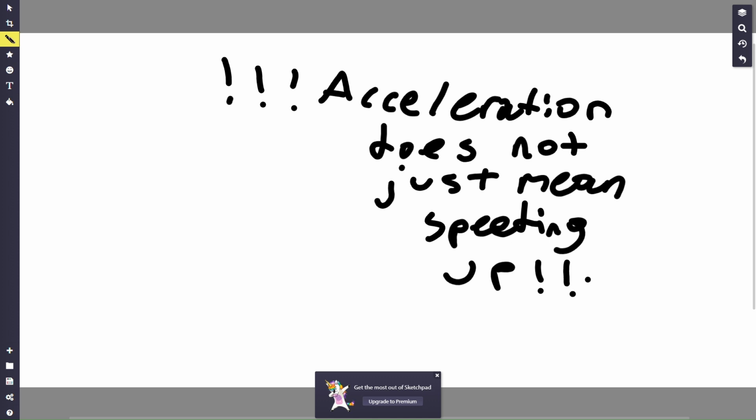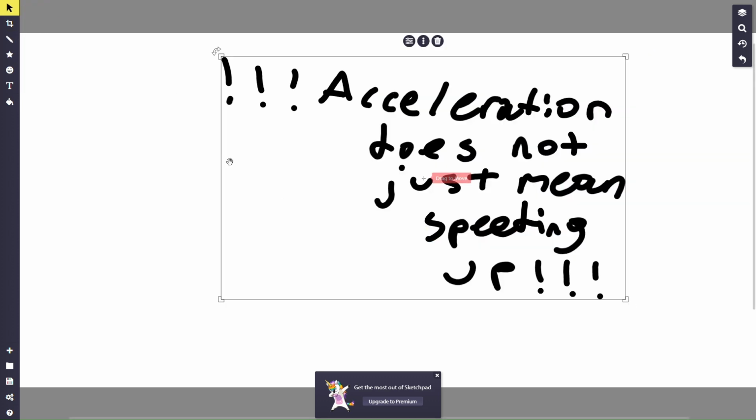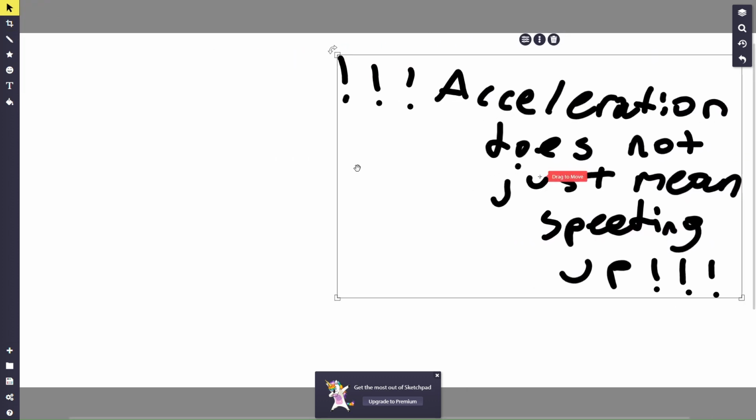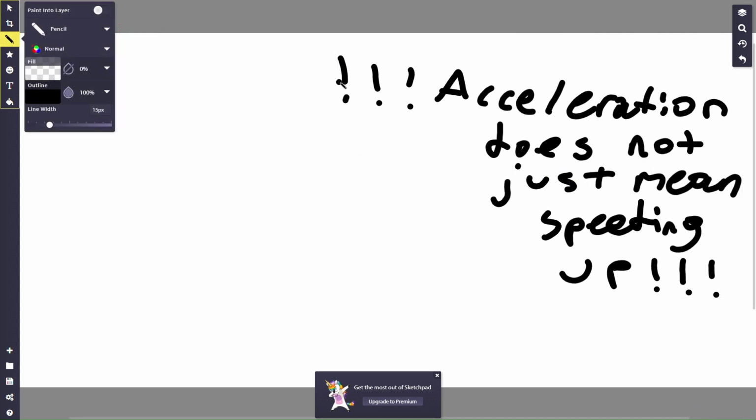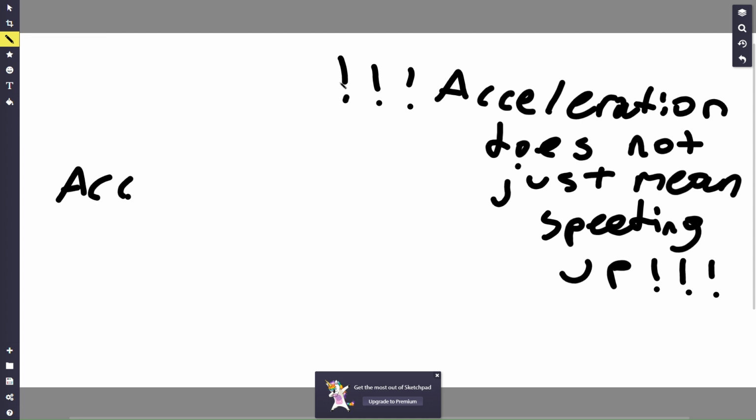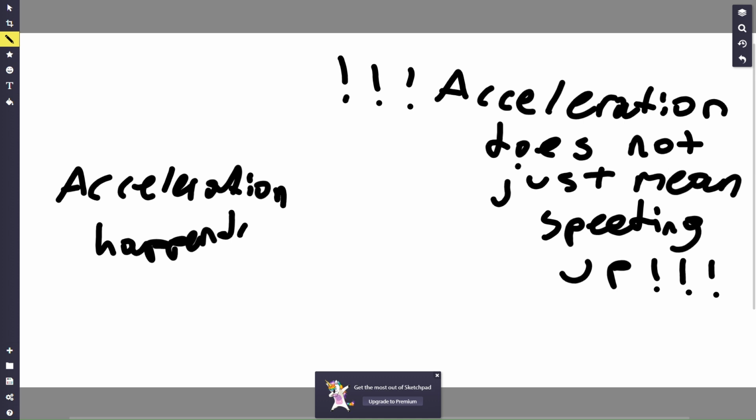So make sure to note this. Acceleration happens when velocity changes.